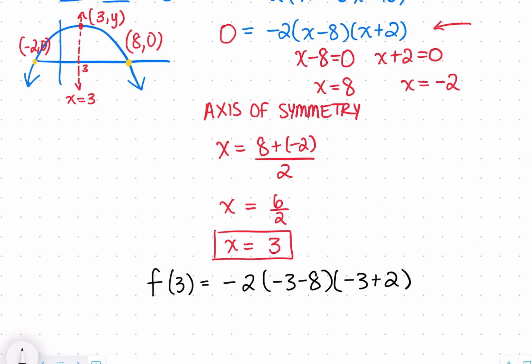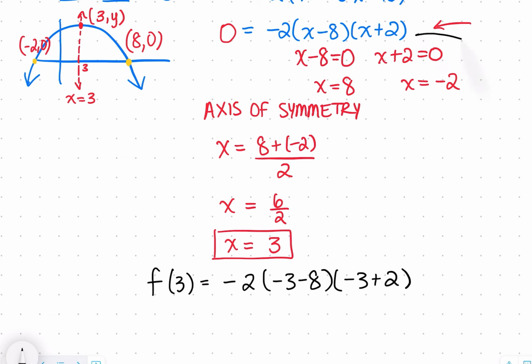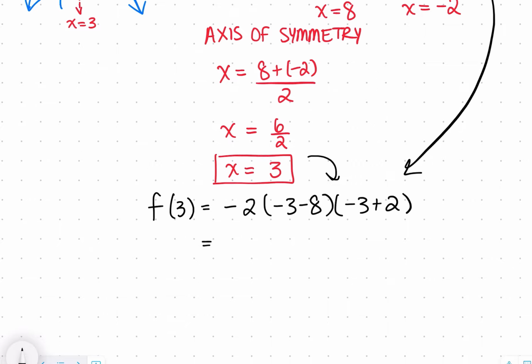Okay, so we took this form of the equation over here, and we substituted the x value of 3 into the equation, and now we are going to simplify using BEDMAS.